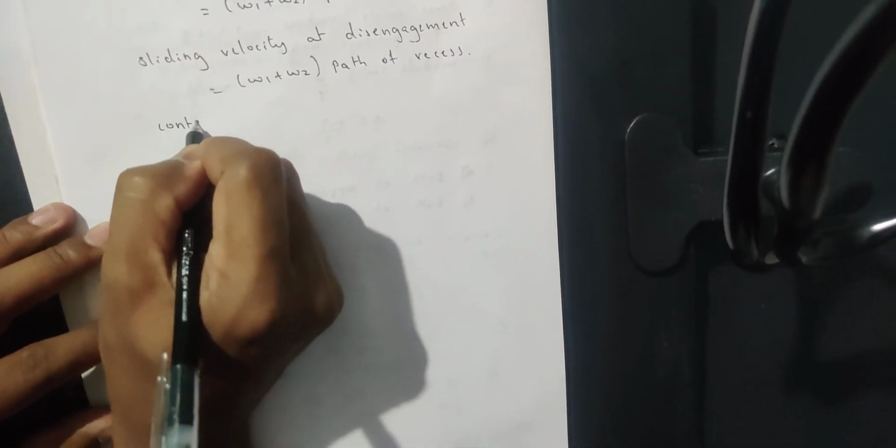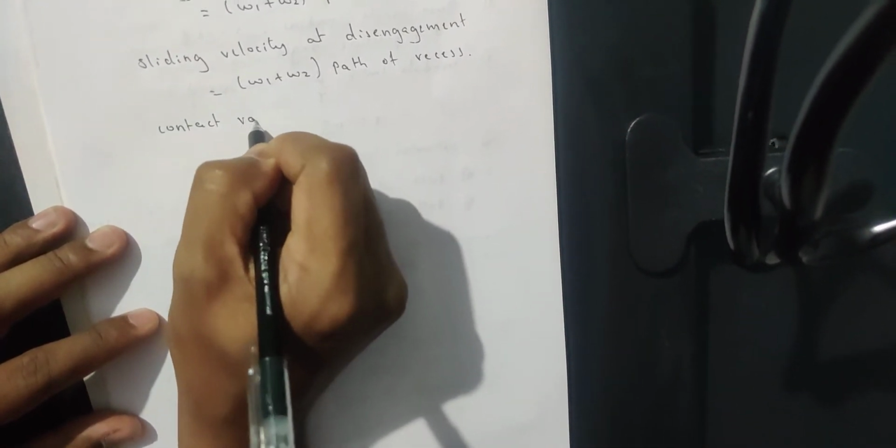So if you just observe the formulas, whether we have considered the contact ratio here. Okay, we have not considered the contact ratio here. So one more formula is there that we need to consider here, that is called the contact ratio. The formula is already derived.